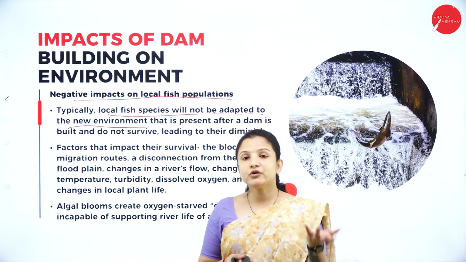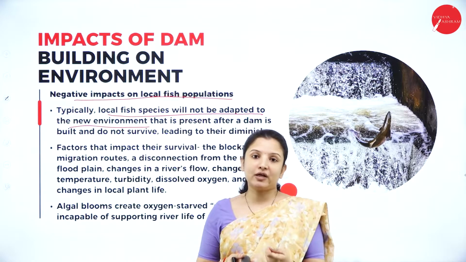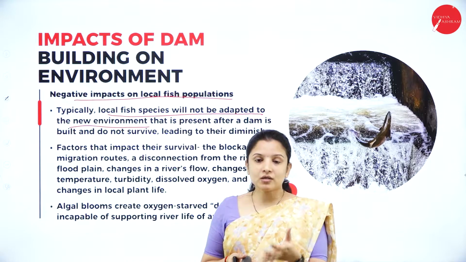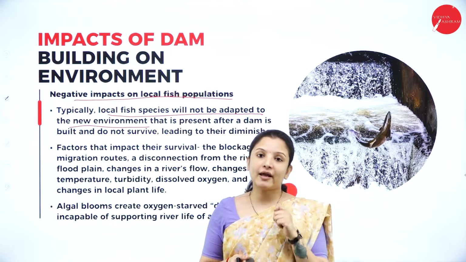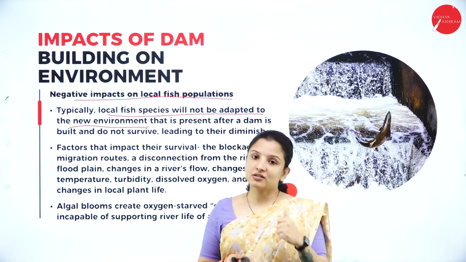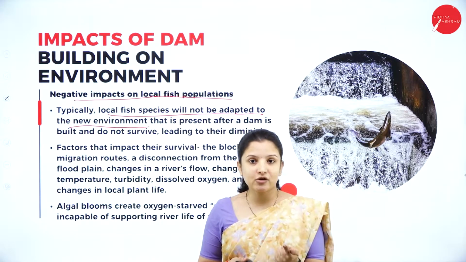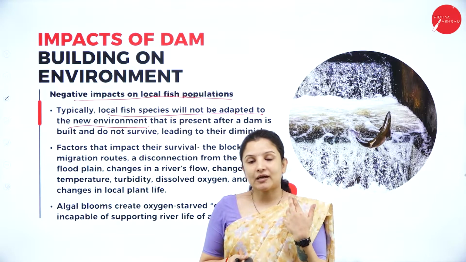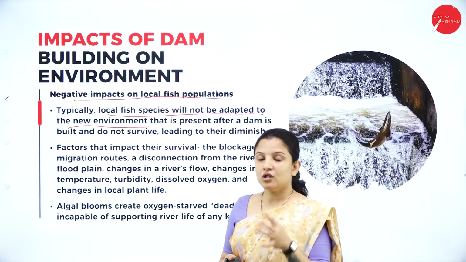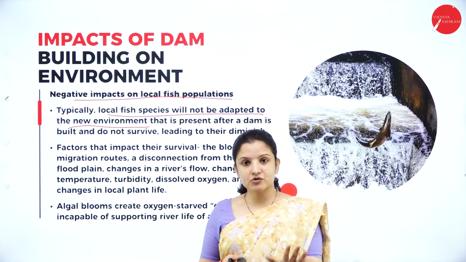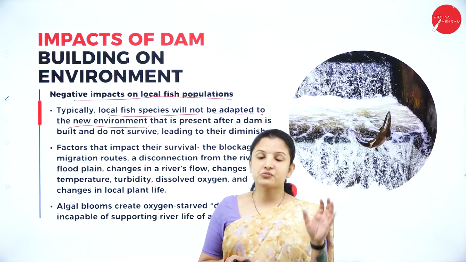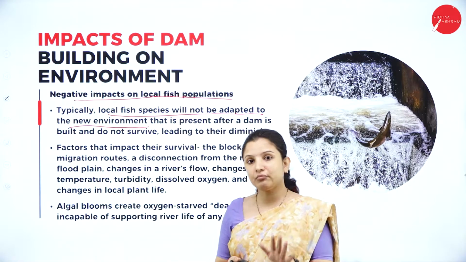You would have to maintain the salinity of the aquarium if you want to grow a marine fish there. In the same way, fishes cannot adapt to changes in the pH of the water, the salinity of the water, or other properties of the water. A freshwater fish will always thrive and survive only in fresh waters, and a marine fish will always thrive and survive only in marine waters.